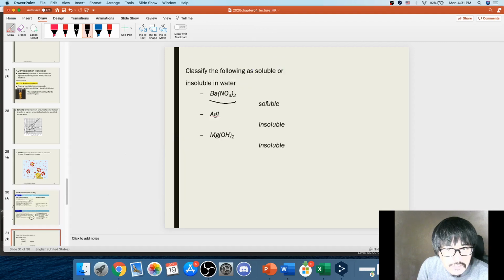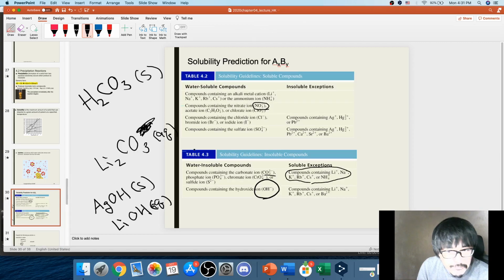So that has to be water soluble. Alright, what about AgI? I find I here, and I combined with anything is water soluble except when combined with Ag plus.